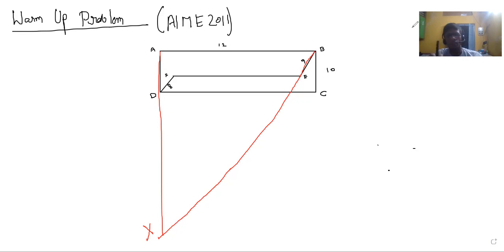They are saying that BE intersects AD, but they have not said anything about the intersection point. You have to find EF, the length of the middle term.